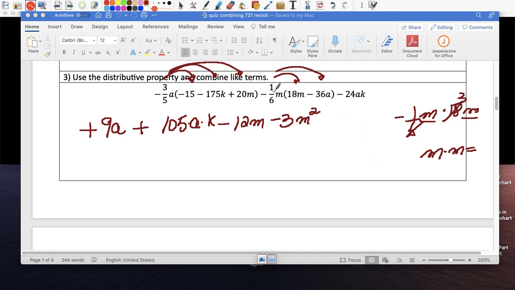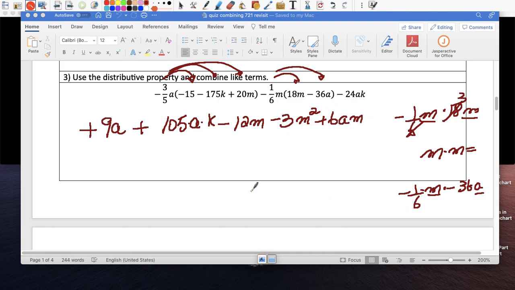Next one. Negative 1/6 m times negative 36a. Everything's being multiplied. Well, negative times a negative, first of all, is a positive. 1/6 of 36, that's 6. And then m times a. We'll do it alphabetically, so you actually write am.